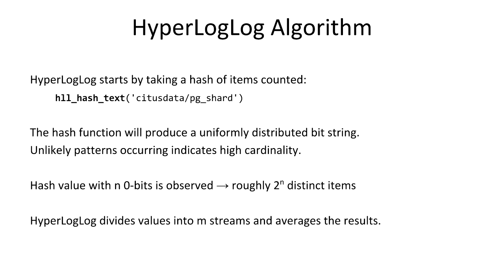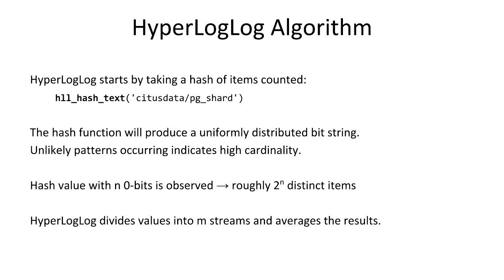So if you see a value that starts with 5 zeros, well, the probability of starting with 5 zeros is 1 over 2 times 1 over 2 times 1 over 2, and so on, so 1 over 32 basically. So at that point your best guess of the number of items you have seen before you get a specific long pattern like that is 32. It's a very bad guess. But as it turns out, what HyperLogLog shows is that if you make a number of bad guesses together and you average them, you get a pretty reasonable guess.